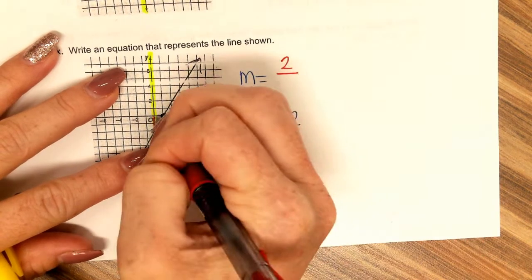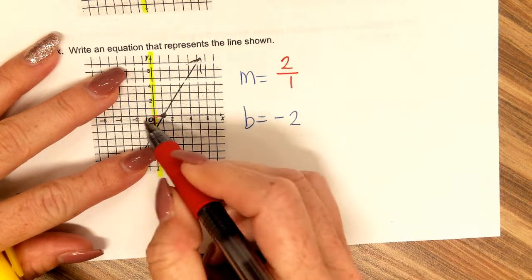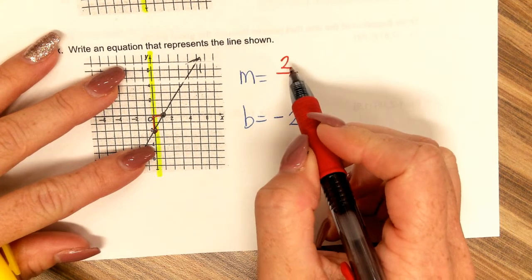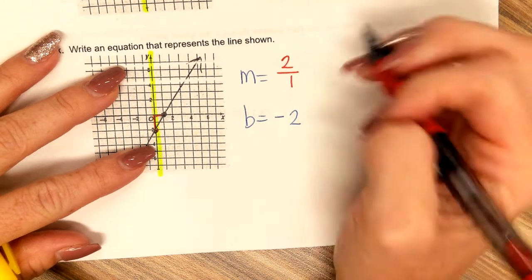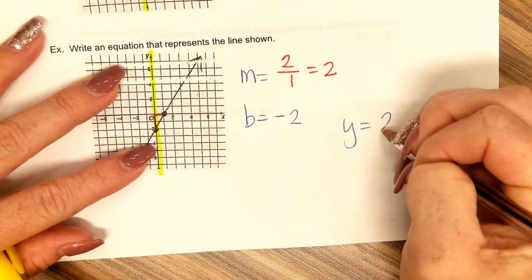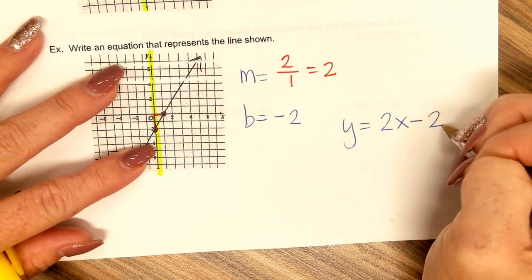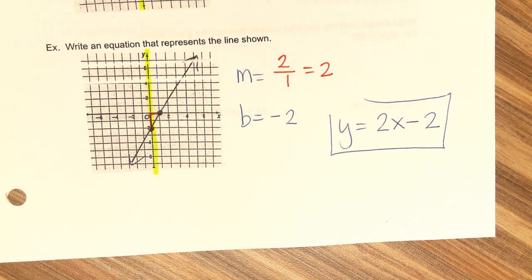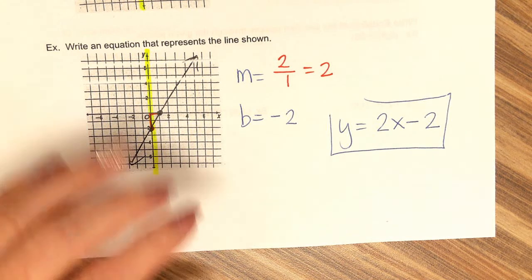What is the run? Up and right is positive, so both of these are positive, yes? What does that simplify to? 2. All right, so if I write the equation, I have y equals 2x minus 2, or how else could I have written that? Plus negative 2, very good.